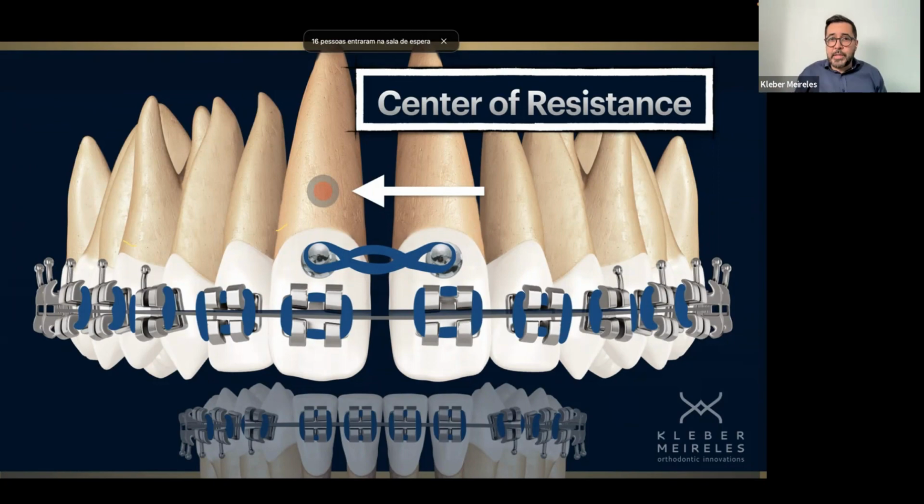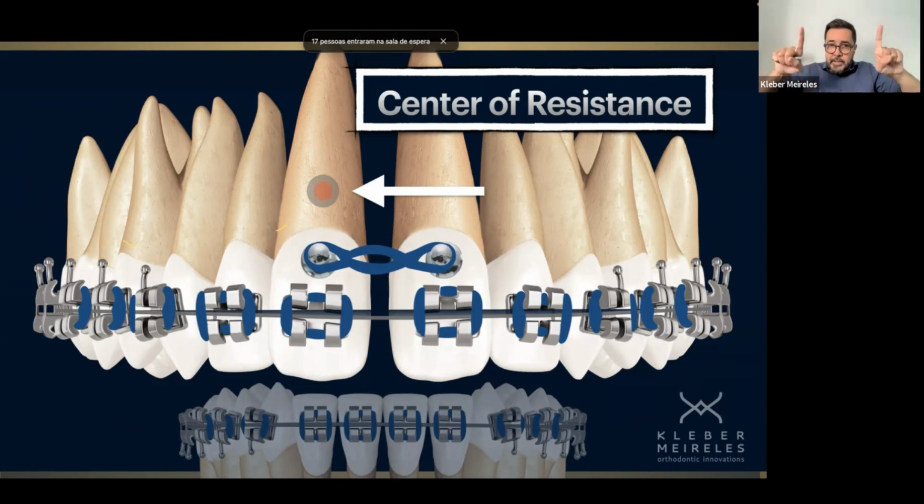If we want to apply two forces here, one at the level of the bracket and the other one at the level of the button, we are having two forces being summed, which is not good. Too much force for that. Or let's say we're just applying this one here. Same thing, but less force, but again, away from the center of resistance. So sometimes we even see the vectors in the wrong direction, meaning that the intention of the orthodontist in that situation, I understand.